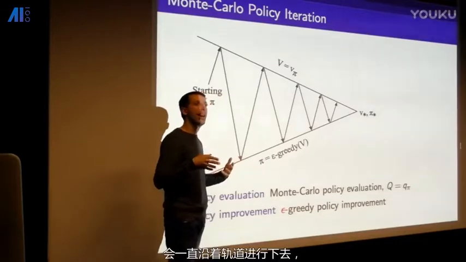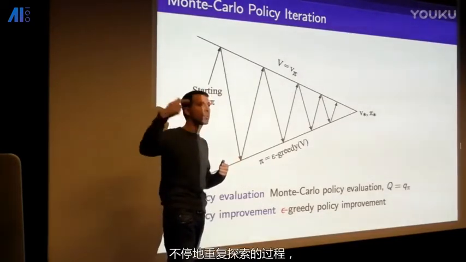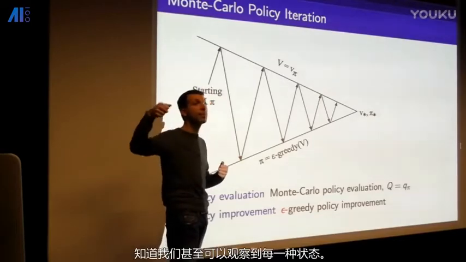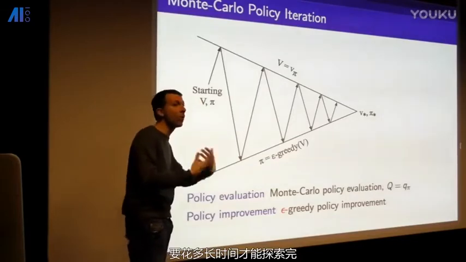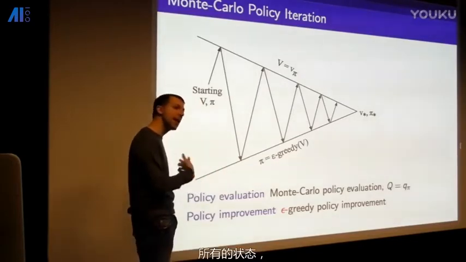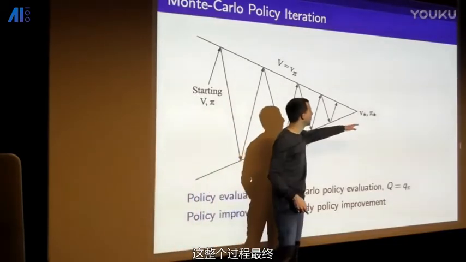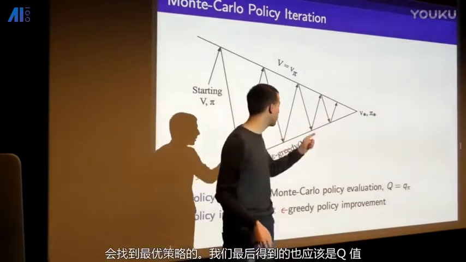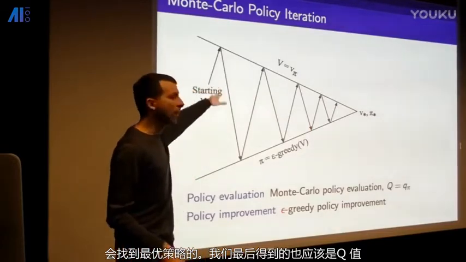There might be some states that are way off down some strange trajectory, and you have to explore and explore again and explore again to be able to even see those states. So this doesn't actually give you very strong guarantees of how long it takes to explore all of those states. It just says asymptotically, at least, this thing now really will find the optimal policy at the end. I should say Q star. This should all be Q rather than V.